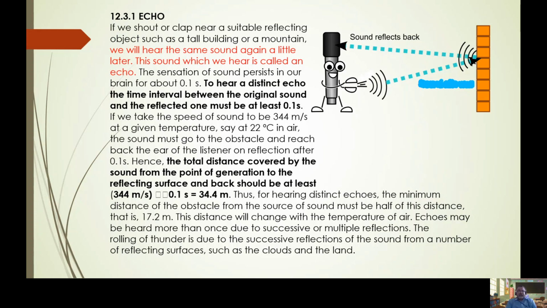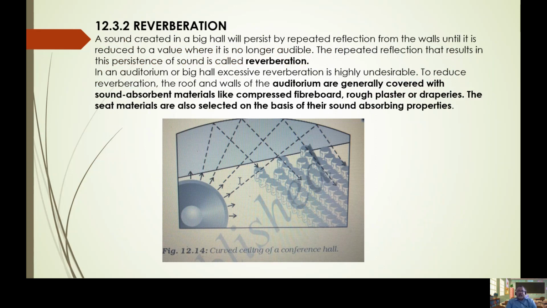Reverberation. A sound created in a hall will persist by repeated reflection from the walls until it is reduced to a value where it is no longer audible. The repeated reflection that results in the persistence of sound is called reverberation. In an auditorium, excessive reverberation is undesirable.